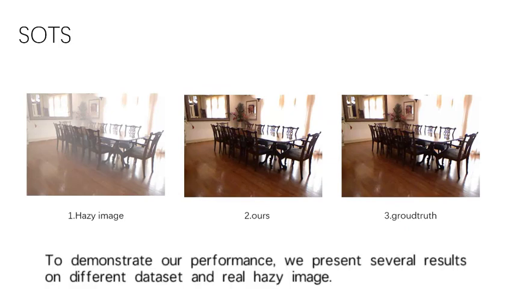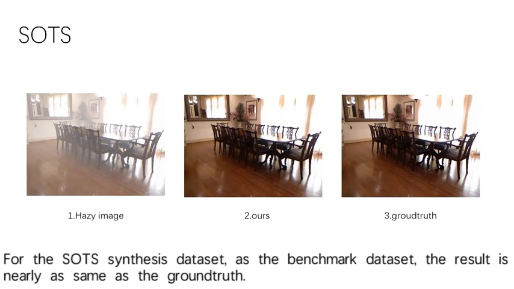To demonstrate our performance, we present several results on different datasets and also real images. For the SOTS synthetic dataset as the benchmark dataset, the result is nearly the same as the ground truth.